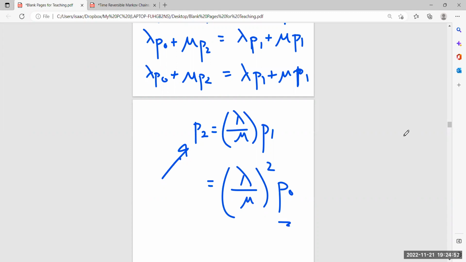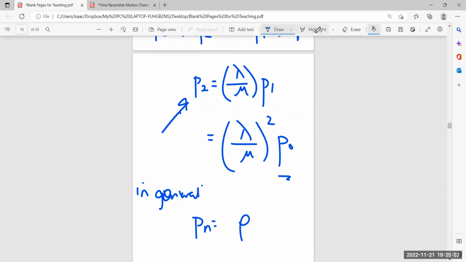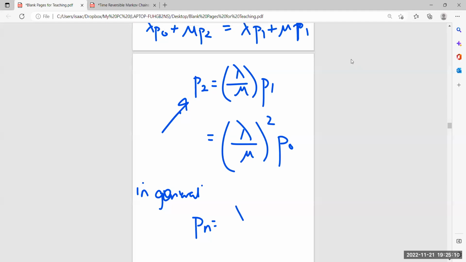So in general, you should end up with this: lambda over mu to the n times P0 is equal to Pn. Right, so this is a general term that we should end up with.